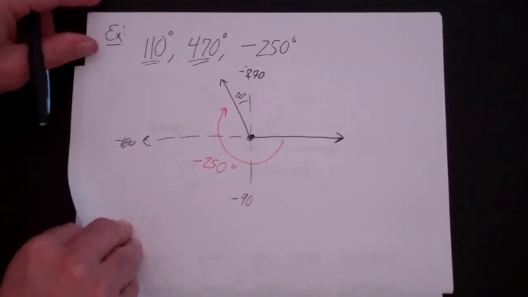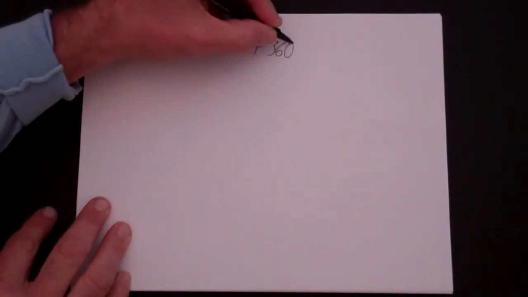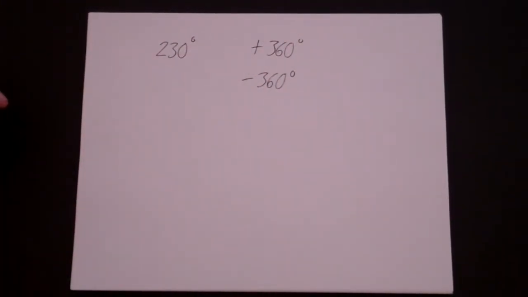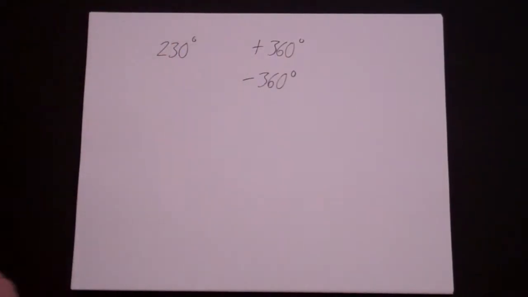It turns out determining whether angles are coterminal is really easy. Take any number you want to. Let's try 230 degrees, and let's find two coterminal angles. Here's the rule: add 360 degrees and subtract 360 degrees. If you add 360 degrees, you end up where you started. If you subtract 360 degrees, you end up where you started.